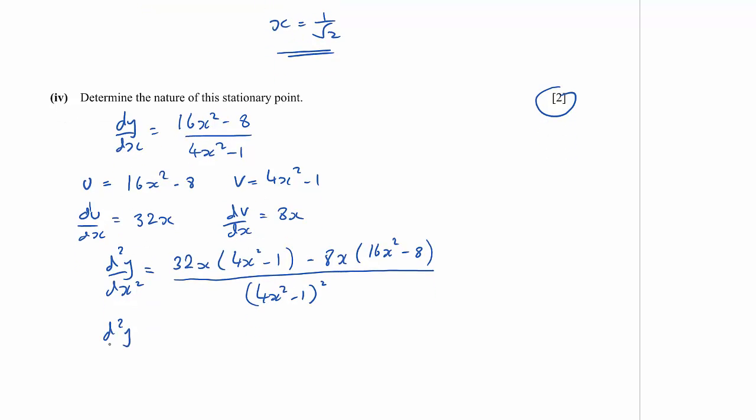And we want d2y/dx squared given that x is equal to 1 over root 2. And we don't actually need the value. I mean, we could work it out. We've got a calculator. We only need to know whether it's positive or negative.